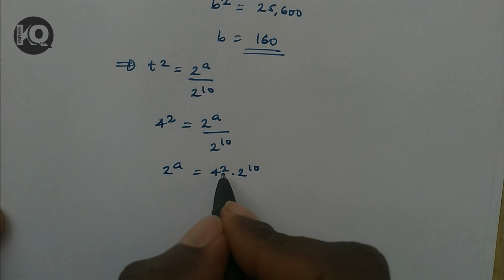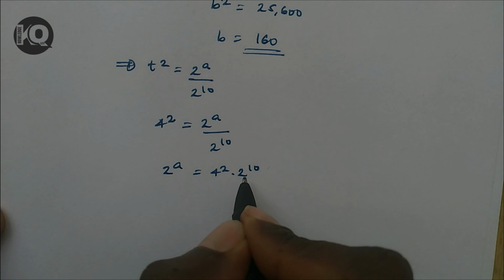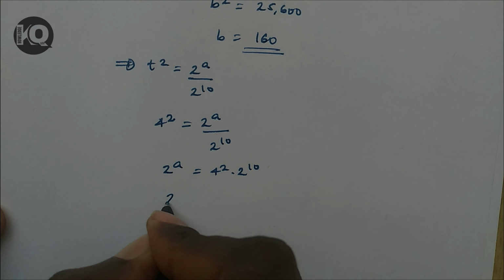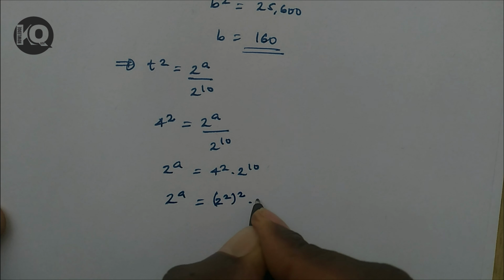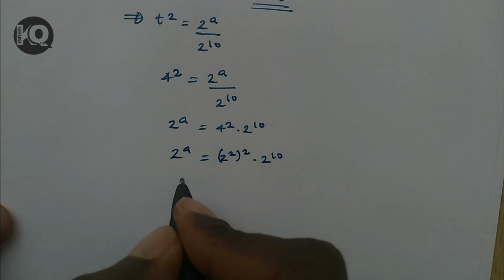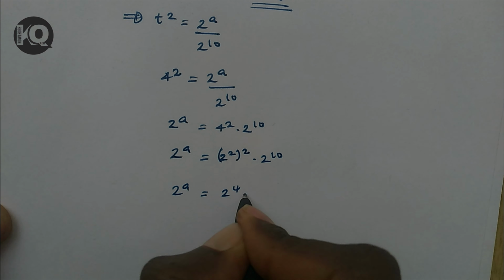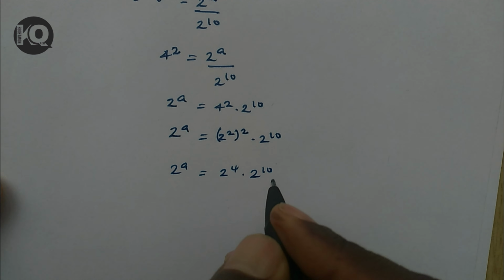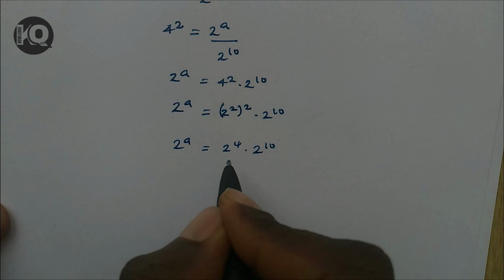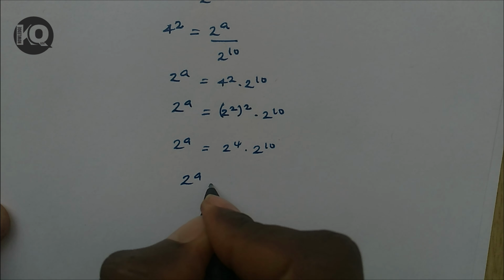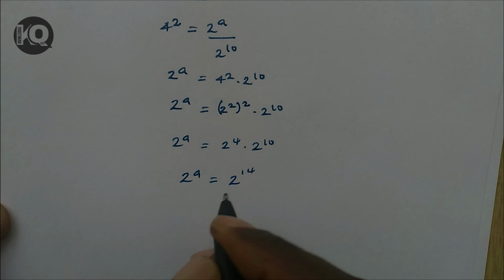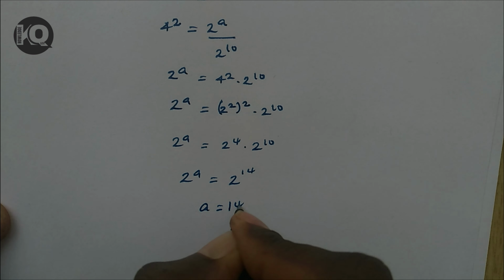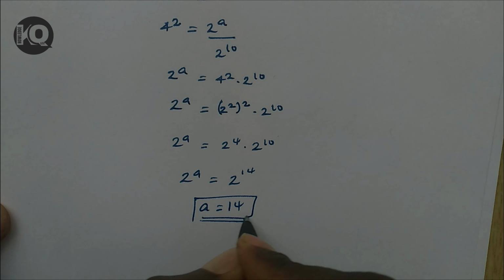So we can express this 4 square in terms of 2. So 2 to the power of a is equal to 2 square to the power of 2 times 2 to the power of 10, then 2 to the power of a is equal to 2 to the power of 4 times 2 to the power of 10. As you know, here the bases are the same, so 2 to the power of a is equal to 2 to the power of 10 plus 4, which is 14, and the value of a will be 14 since the bases are the same.